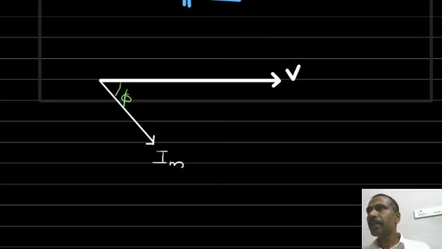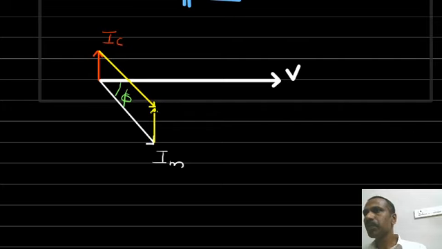Now we are going to connect the capacitor bank, which will give a leading current. It's an ideal capacitor. So the capacitor current is IC. Now what is the resultant current? How will you find out the resultant of Im and IC? Draw the parallelogram. Now this is the resultant current.